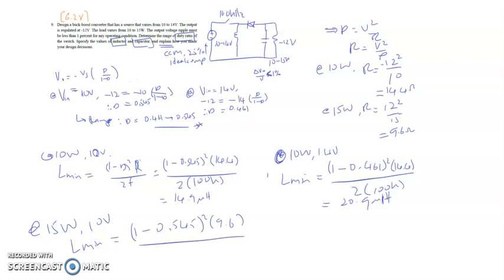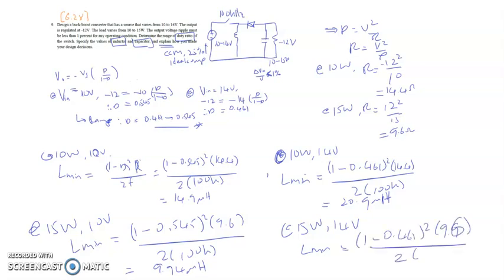We use a duty cycle of 0.454, so (1 minus 0.454) squared times 9.6 ohm, the 15 watt resistance, divided by 2 times the frequency, and we get 9.94 microhenry. So at 15 watts 14 volts incoming, L min is calculated to be 13.94 microhenry.